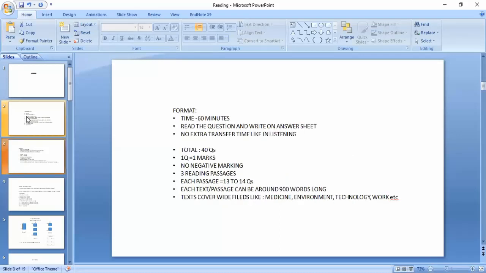Thereafter, let's look over the format for the reading passage. The time allocated for reading would be 60 minutes. And in that time, you have to read the questions and write the answers on the answer sheet. There would be no extra time to transfer your answers since you will write directly on the answer sheet, unlike in the listening section.